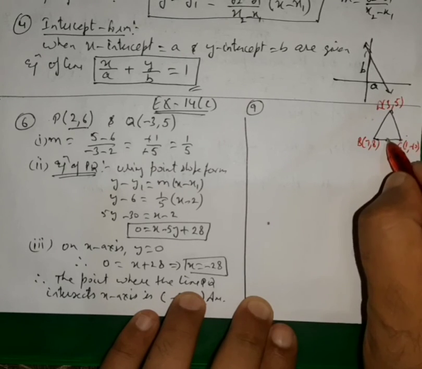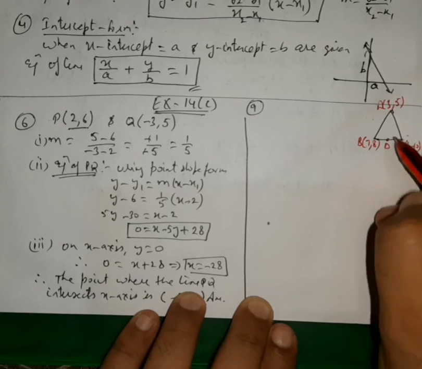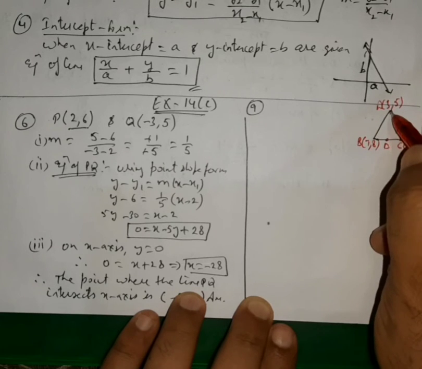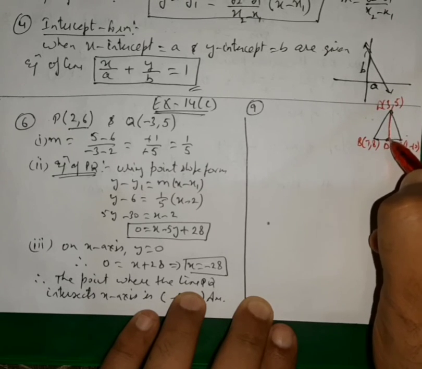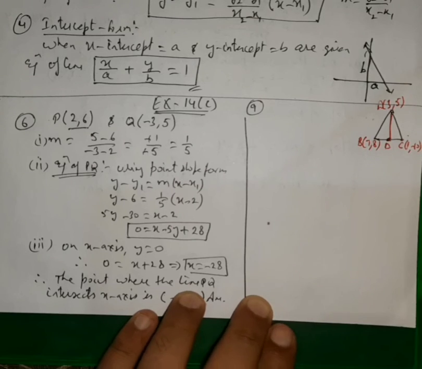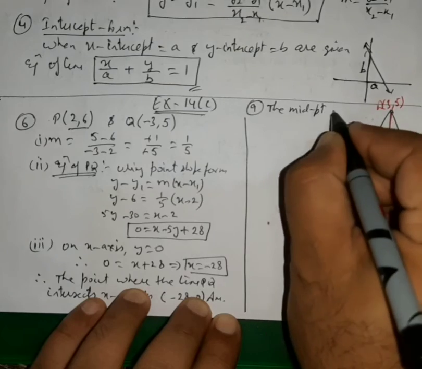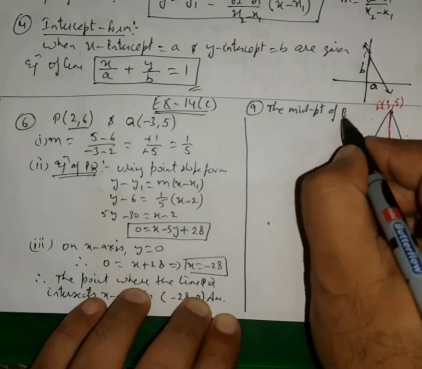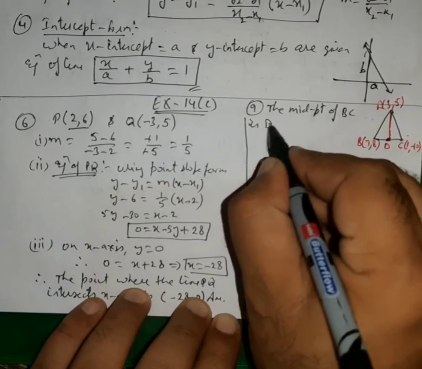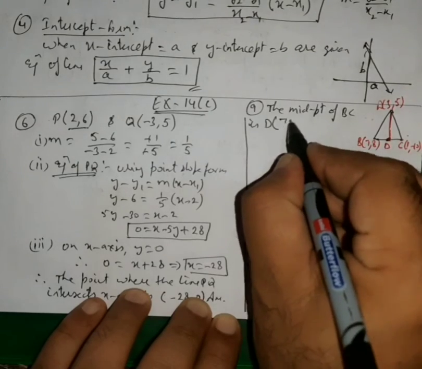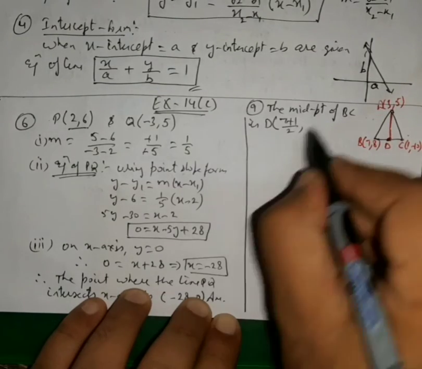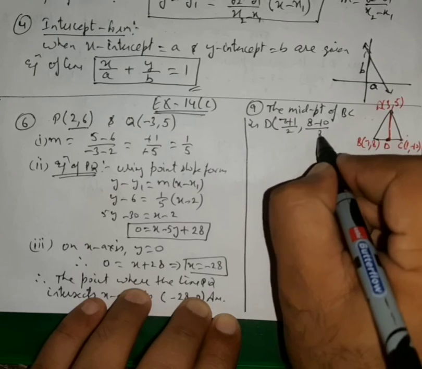Now we have to find the midpoint. So let us say that the midpoint is D. So we have to find the coordinates of D, and then we will find the equation of this AD. So the midpoint of BC, let us say that it is D. So it will be (7 + 1)/2, (8 - 10)/2.